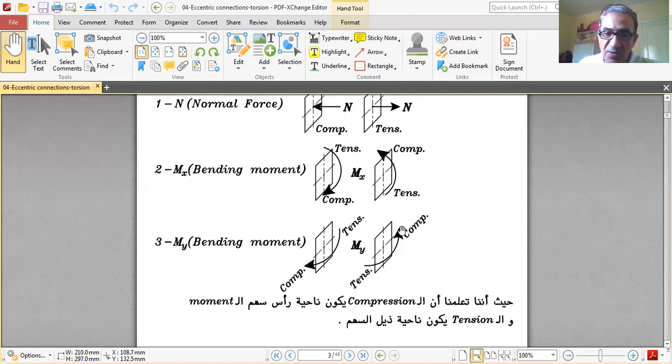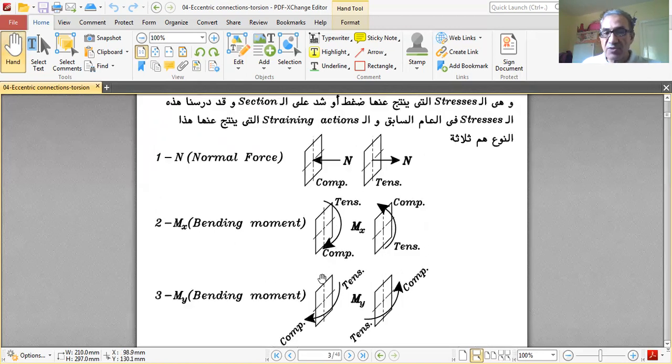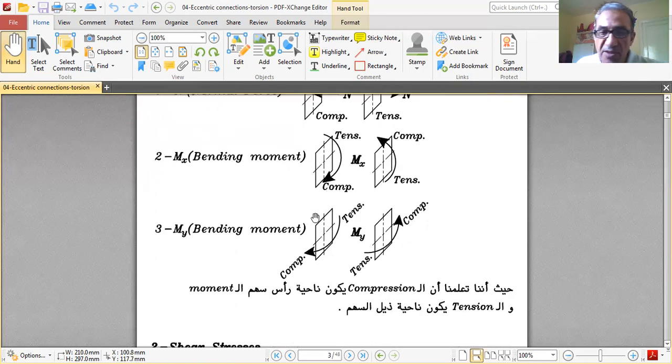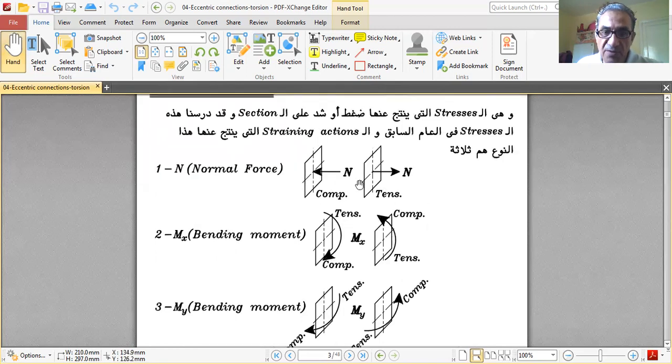Here compression is on the right, tension on the left. So normal force, Mx and My cause normal stresses. Compression is at the head of the arrow, and tension at the tail of the arrow. For tension force, when the force pulls out the section, it is tension. When the force compresses the section, it is compression.